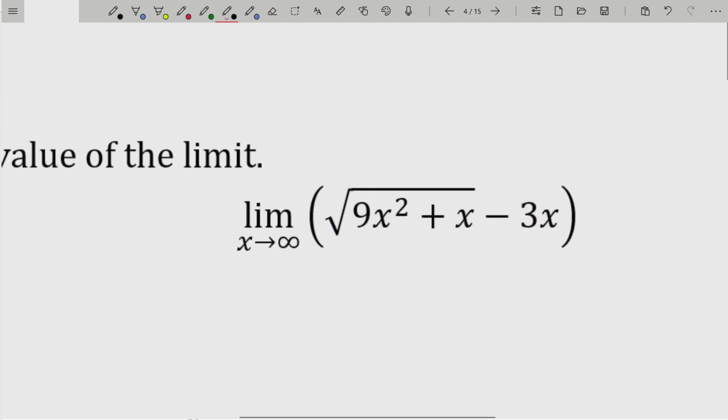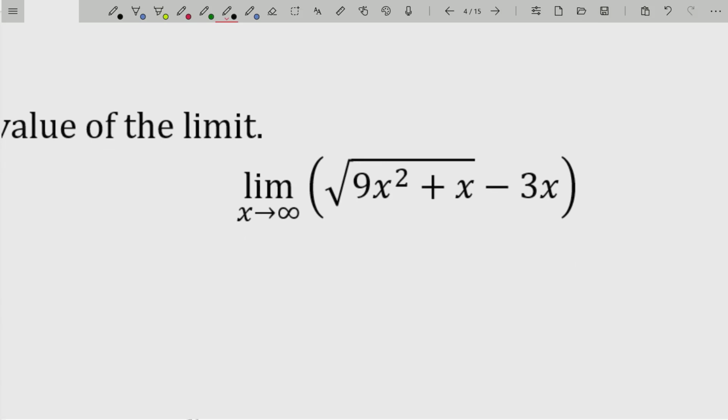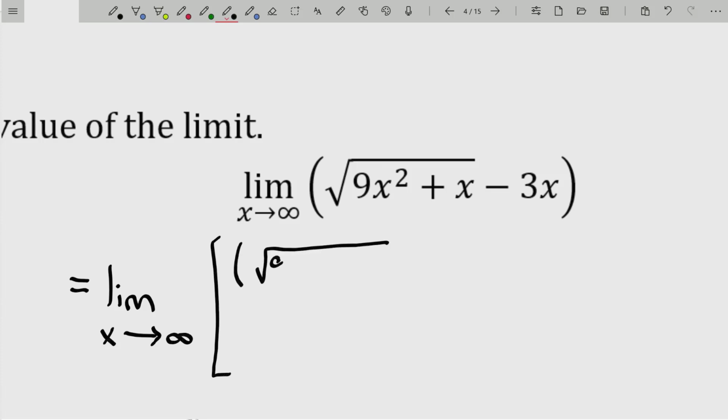All right, let's jump into this. I think I've harped enough on this. I'm going to just multiply numerator and denominator by the conjugate. Notice each step of the way, I'm modeling good behavior by writing the limit. You should write the limit each step of the way. If you don't, you're wrong.